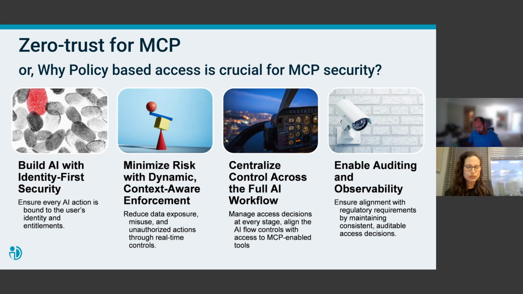The user has tried to access a set of data or a set of tools, and the policy permitted or did not permit. We need to understand the full flow of events, and for that, audit and overall observability of the process is required. And again, it is tied back to why policy-based is the right method to enforce MCP security as well.